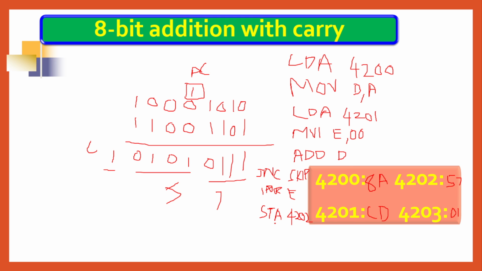The sum is stored. Now the carry is in E register. Take it to A and again store it. So MOV A, E. From E register copying to A, we again have to store in the next memory address.